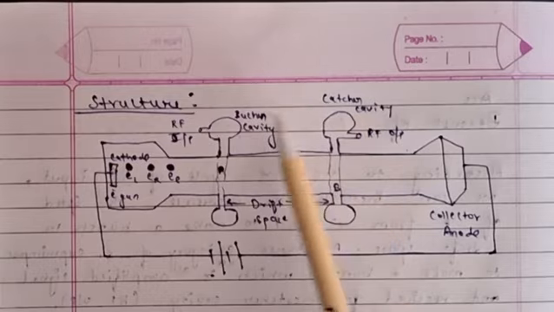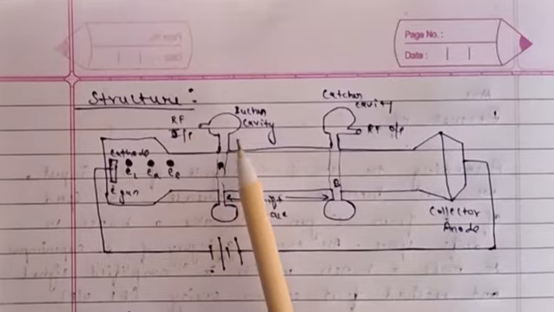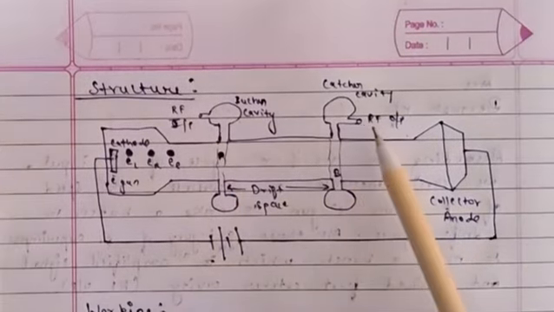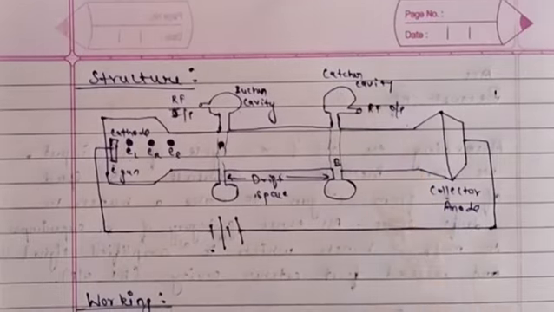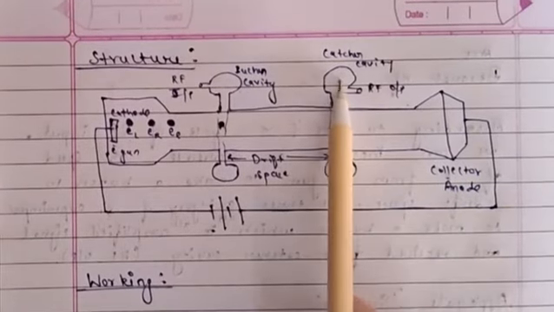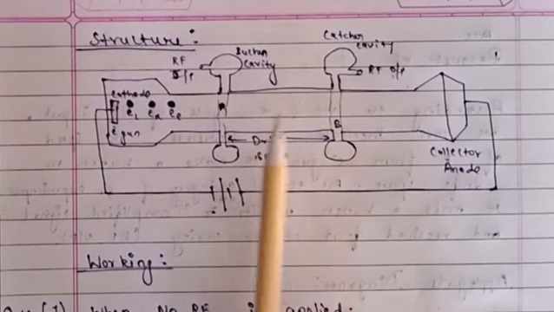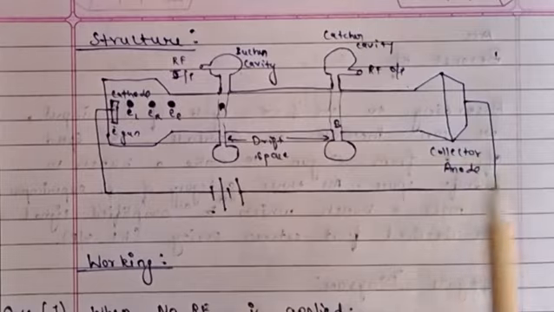It has two cavities, buncher cavity and catcher cavity. The RF input is applied at buncher cavity, while the RF output, the amplified signal, is received at catcher cavity. The space between buncher cavity and catcher cavity is known as drift space.